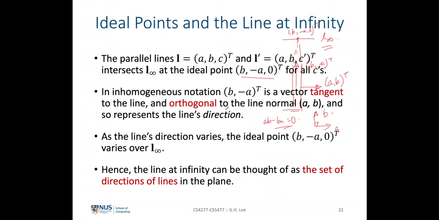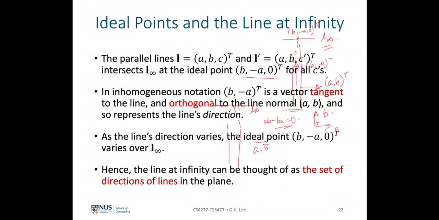And what's interesting here is that as the parallel line direction varies, as A and B vary, we can see that the ideal point that intersects at the line at infinity is going to also vary along the line at infinity, since these two parallel lines are always going to intersect the line at infinity.